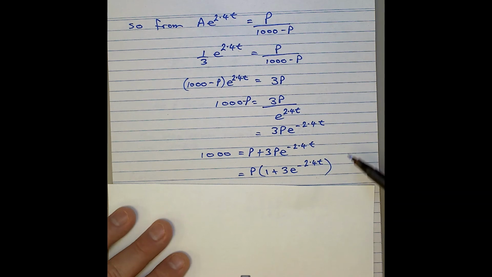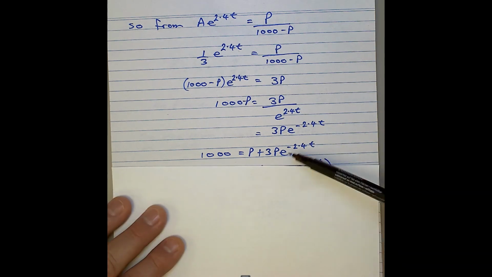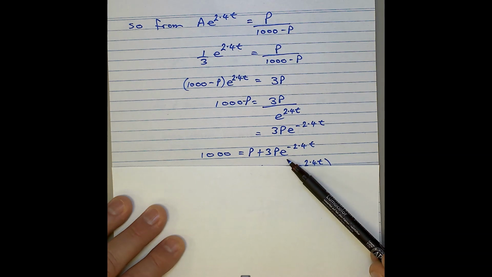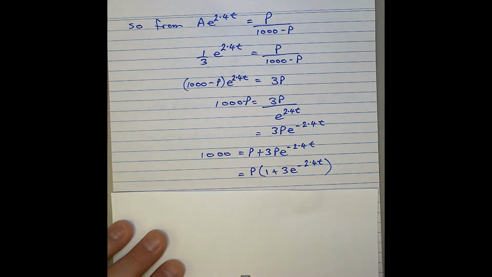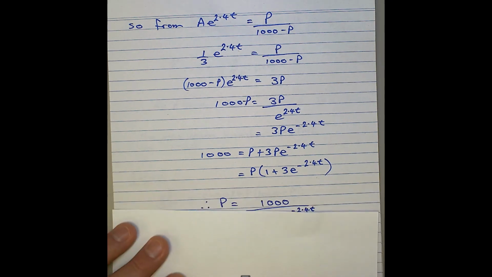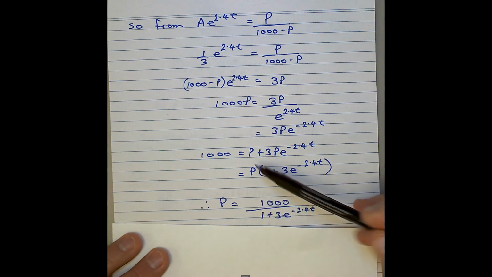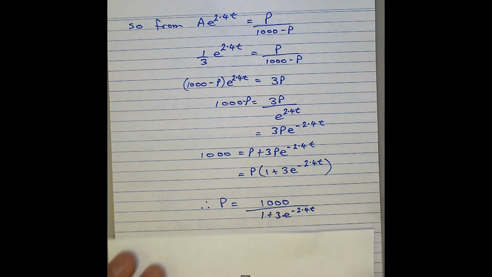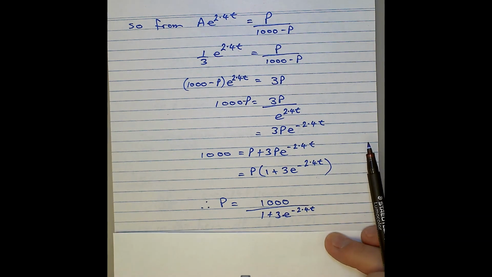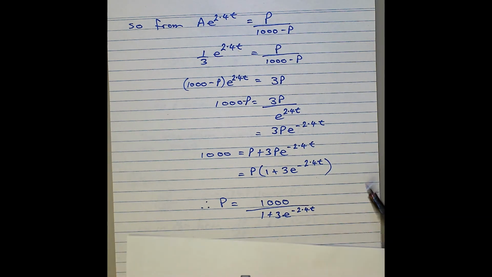Now I've got 1,000 equals P plus 3P e to the minus 2.4t, which equals this when I take out P as a common factor. Therefore, dividing both sides by this amount, P is equal to 1,000 over 1 plus 3e to the minus 2.4t, which is what we were trying to prove.